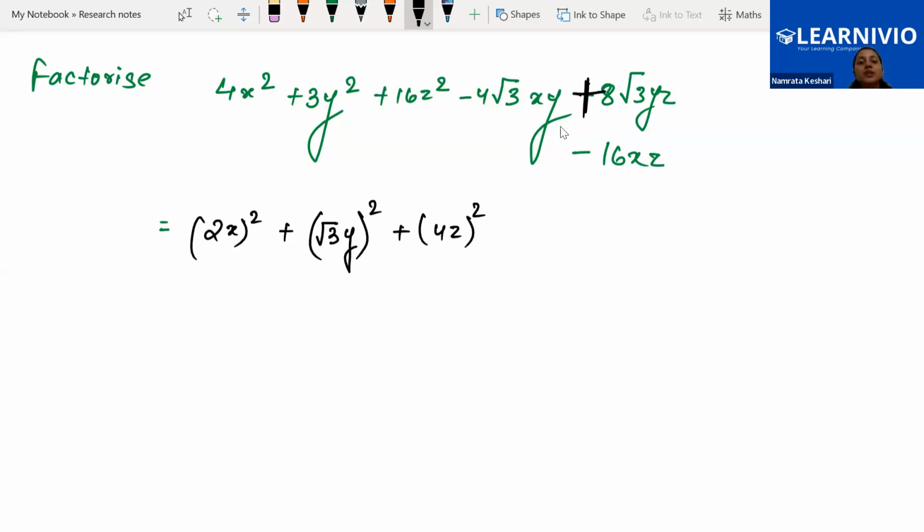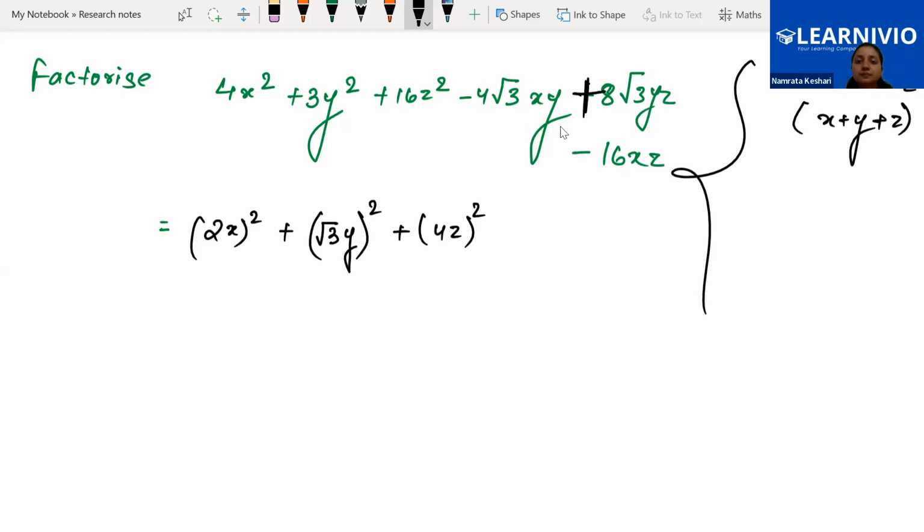Now we will try framing 2xy, 2yz, 2zx. There was a formula for x plus y plus z whole square: x square plus y square plus z square plus 2xy plus 2yz plus 2zx. That formula, x plus y plus z whole square, we are trying to create over here.